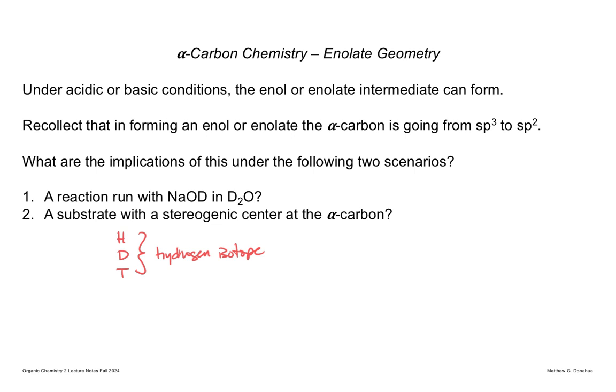So hydrogen, as we know from proton NMR, is present at about 99.1%. Deuterium is the next heaviest isotope, present in trace amounts, and then tritium is the radioactive one.